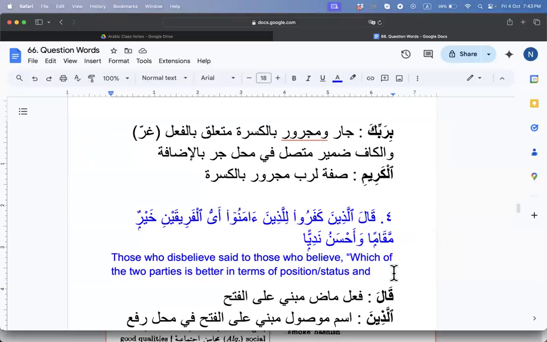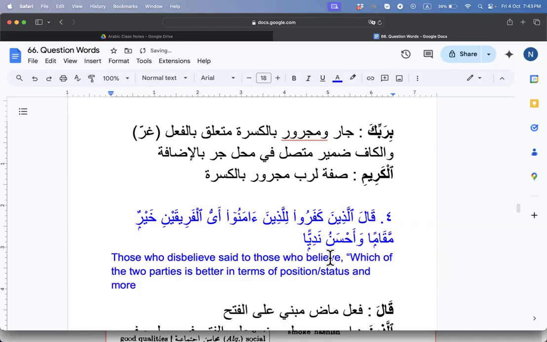In terms of nadi. Nadi is the place where they sit, right? The place where they have gatherings, right, sister? Okay, so you're thinking of the place. I think there's another word for it.